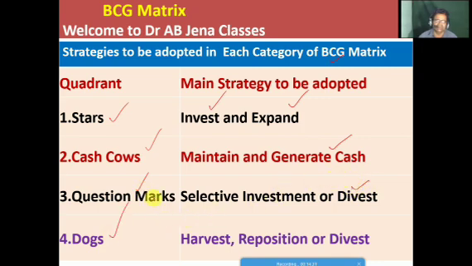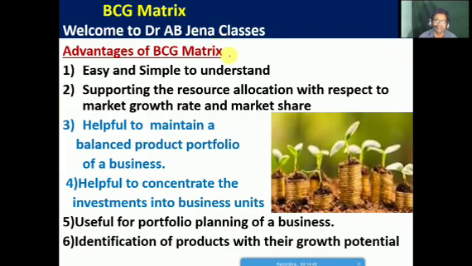In the case of the dog category, the business will harvest, reposition or divest. So these are the strategies to be adopted in each and every quadrant of a BCG matrix.